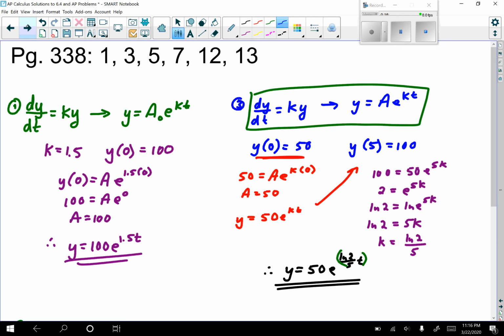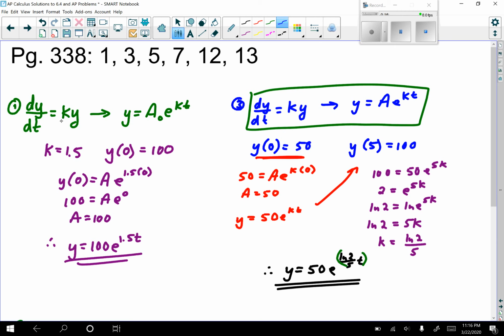All right, looking on page 338, the first problem here, let me just go back to the book to read the directions. All right, so a lot of these I have written out ahead of time just to go over them. But for number 1, we were given a differential equation, dy over dt is equal to ky.